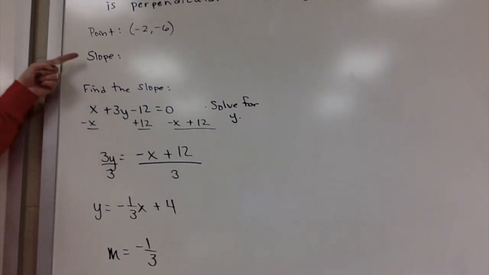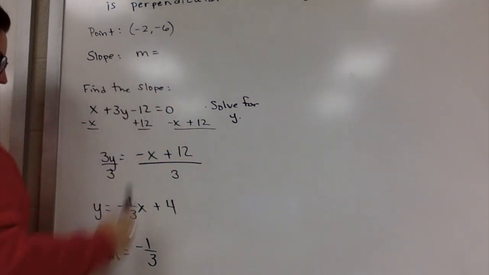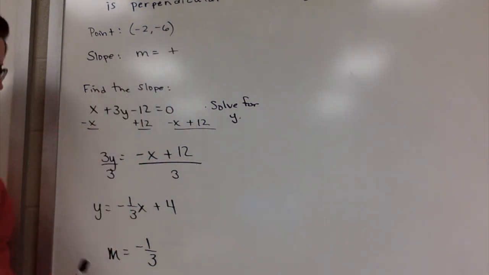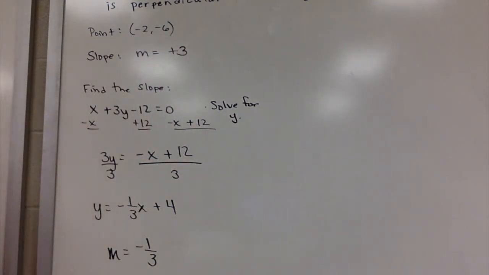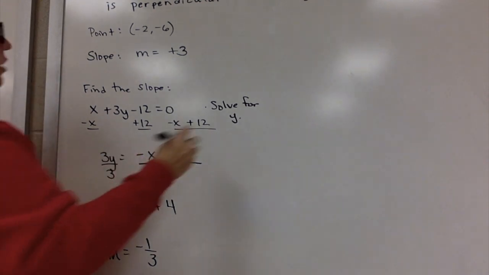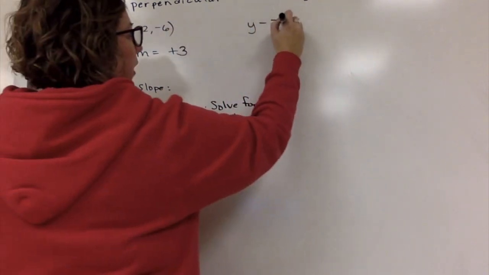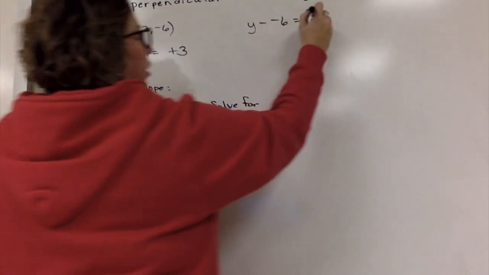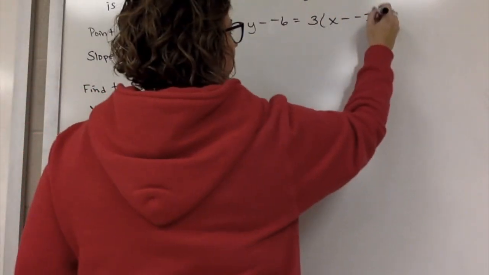But I need the slope of the line perpendicular to that one. So my slope is going to be the opposite. It's going to be positive, and the reciprocal of 1/3 is 3. Okay. Now that I have a point and a slope, I have enough information that I can write the equation of this line. So I'll have y minus the y value of the ordered pair is equal to the slope, which is 3 times x minus the x value of the ordered pair.